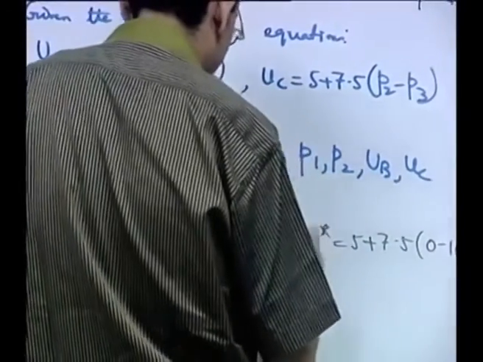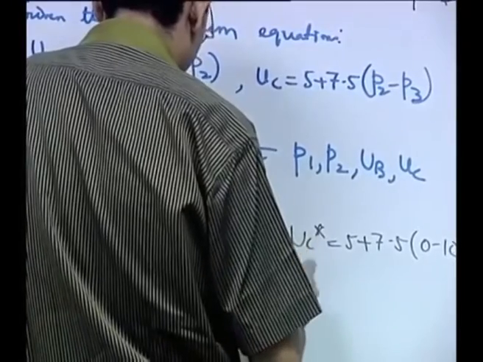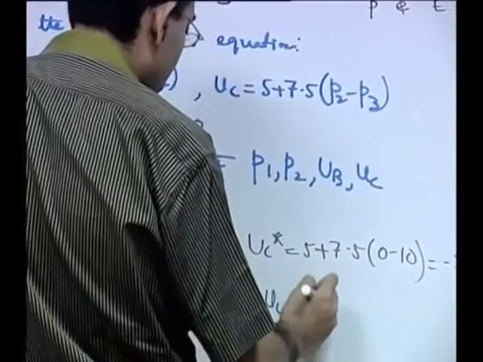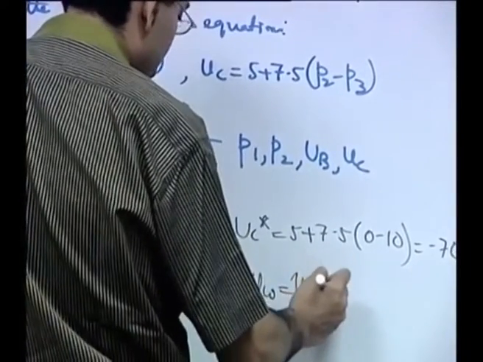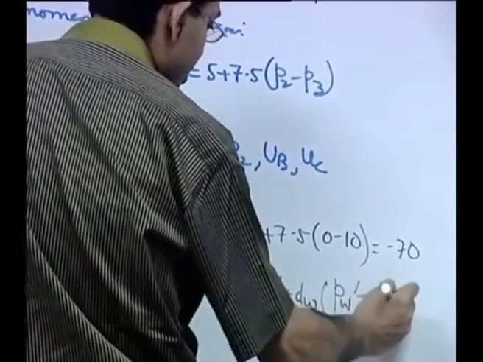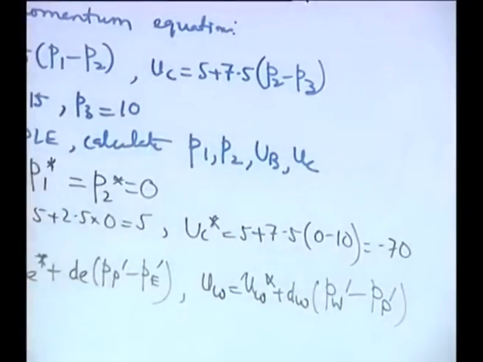And UW is equal to UW star plus dW into PW prime minus Pp prime.